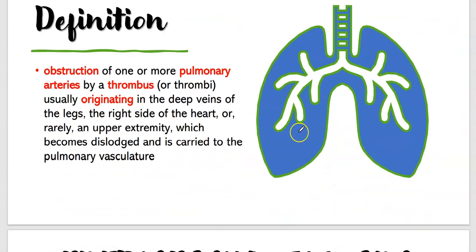Now, definition is the obstruction of one or more pulmonary arteries by a thrombus or thrombi, usually originating saan? Doon sa veins mo, o di kaya when you had your myocardial infarction, or when you have your dislodgement of your clots in your pulmonary vasculature, but eventually you end up trying to understand that your pulmonary embolism is not this very small.